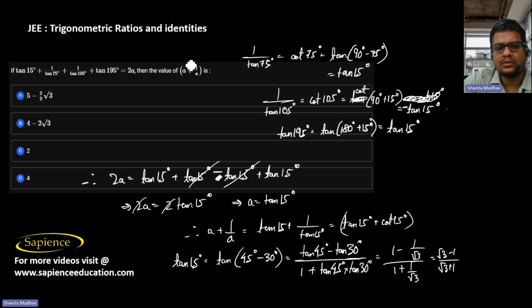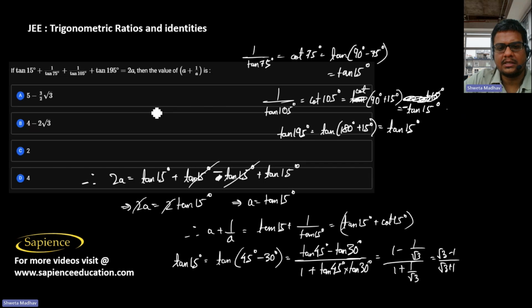So therefore cot 15 degree will be equal to 1 by tan 15 degree, that is nothing but (root 3 plus 1) by (root 3 minus 1). So therefore the value of a plus 1 by a, that is tan 15 plus cot 15, is (root 3 minus 1) by (root 3 plus 1) plus (root 3 plus 1) by (root 3 minus 1).